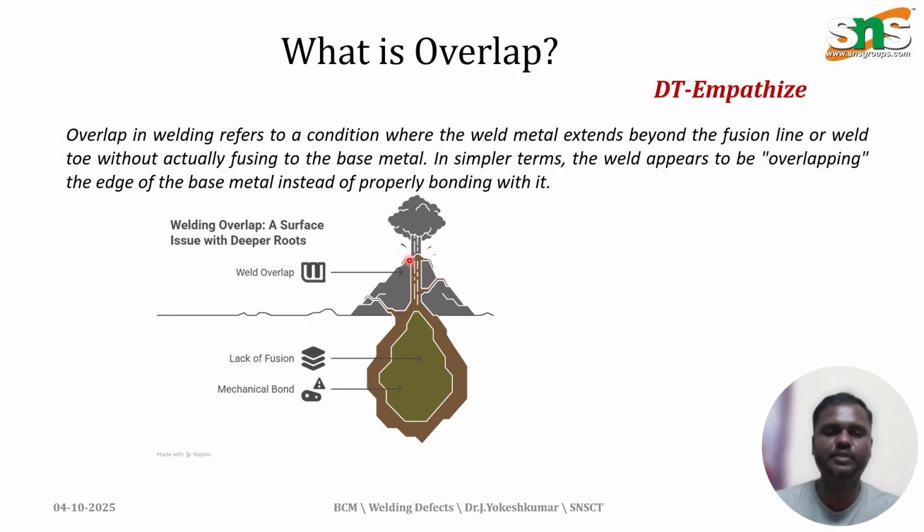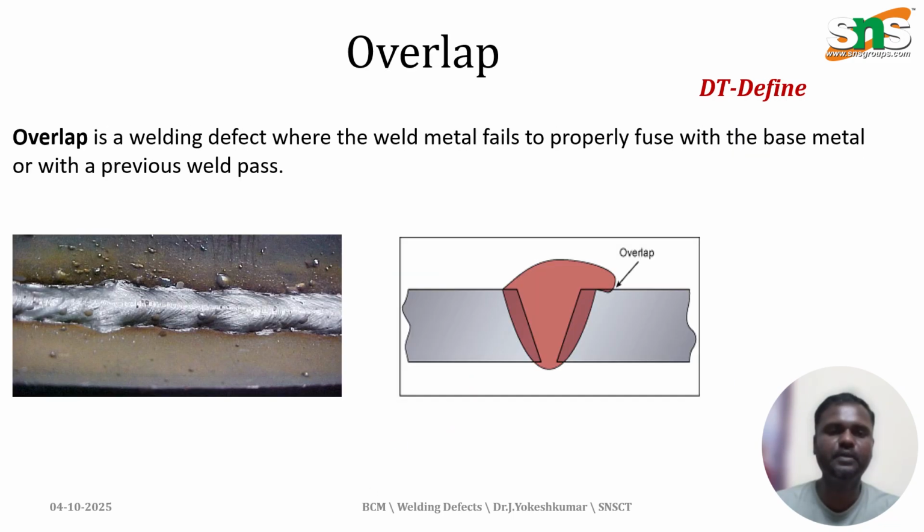Weld overlap is also overflowing like that. At the bottom we have a lack of fusion and improper mechanical bonding. This kind of defect is very common in the arc welding process. Here you can see overfilling occurs, which is bonded together with the parent metal and degrades the mechanical property of the metal.